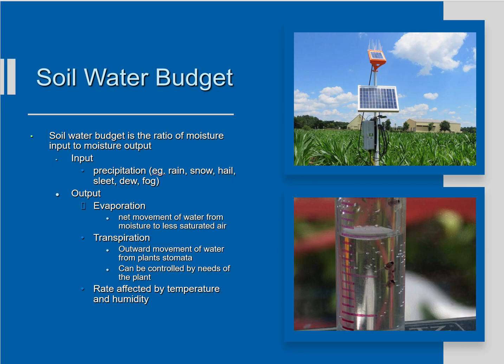The output rates are rates of evaporation out of that soil, rates of transpiration or evapotranspiration out of that soil through the plants themselves.